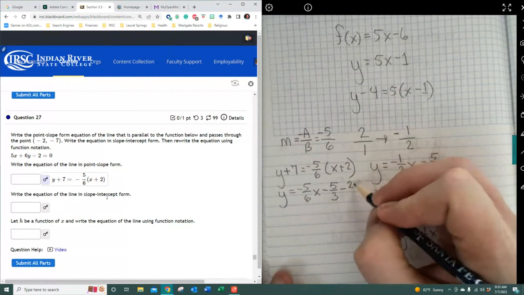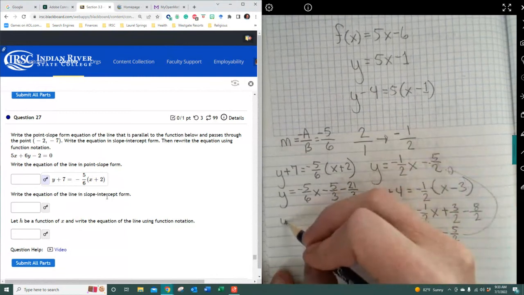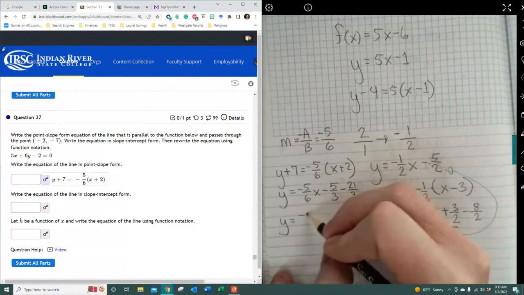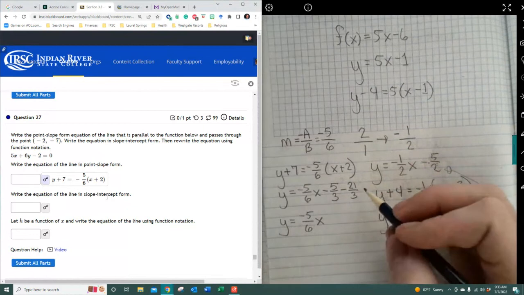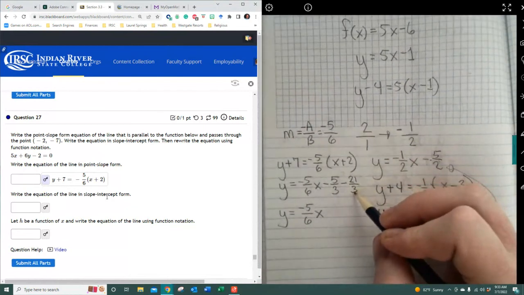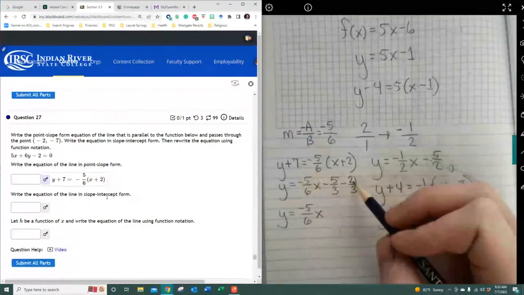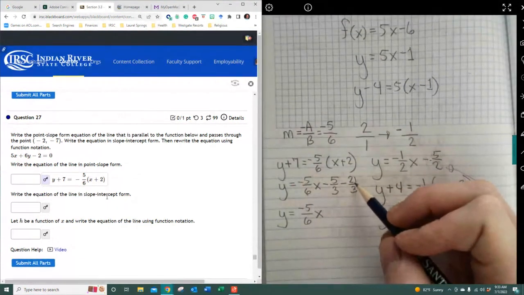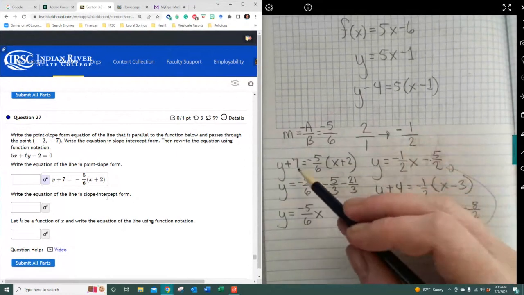And then it's going to become 21 over 3. So I'm going to get now my equation y equals, it's going to be -5 over 6. Now, are you guys understanding why I put -21 over 3? I mean, because it was a 7 for crying out loud. Why am I putting 21 over 3? Well, what is 21 over 3 equal? Yes, it equals 7.